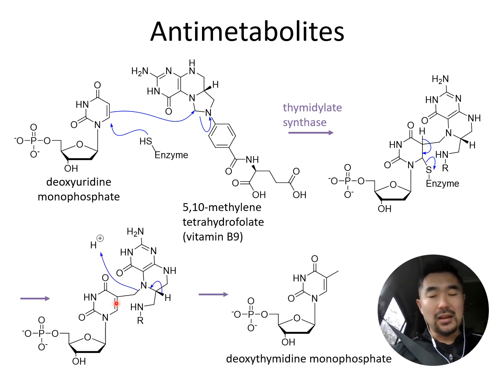Oops. And then after that, you could have an elimination reaction happening here that would lead to the protonation of this methylene group, which would get you the methyl group, CH3.